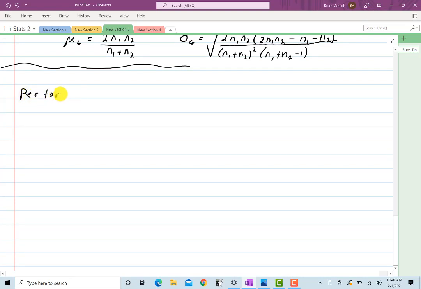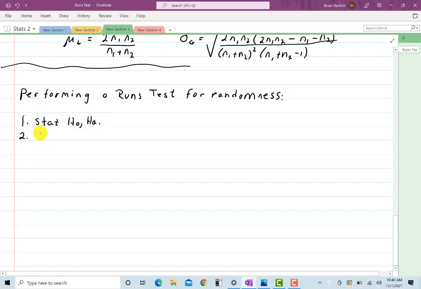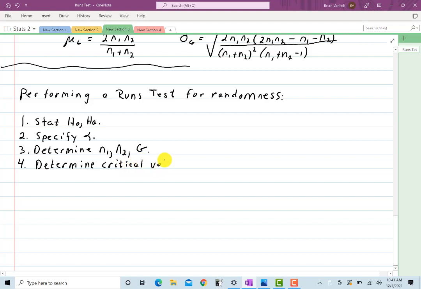Performing a runs test for randomness. State H sub 0, H sub A, specify alpha, determine n sub 1, n sub 2, and G, determine critical values, so you have the two cases, n1 and n2.